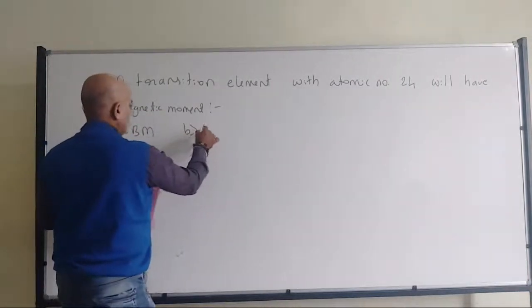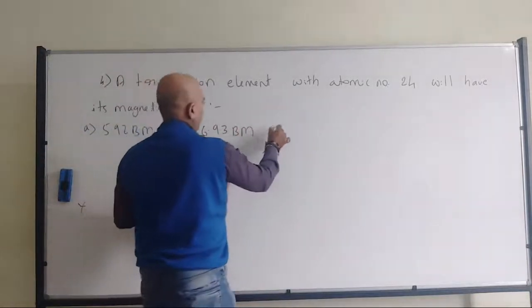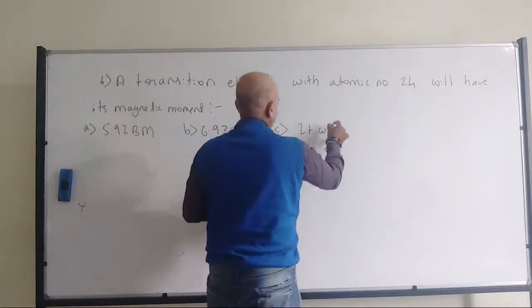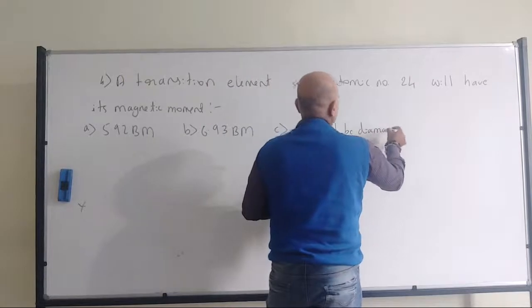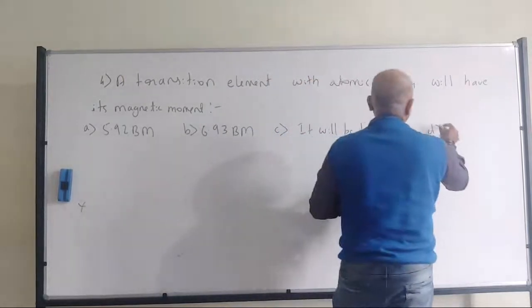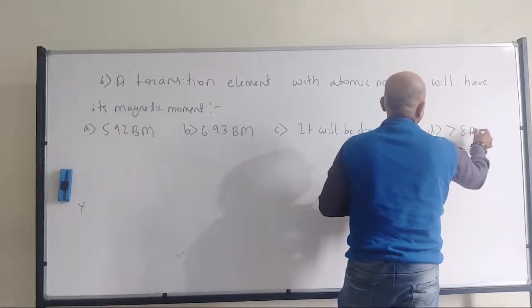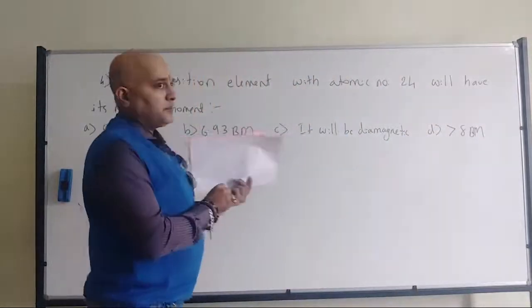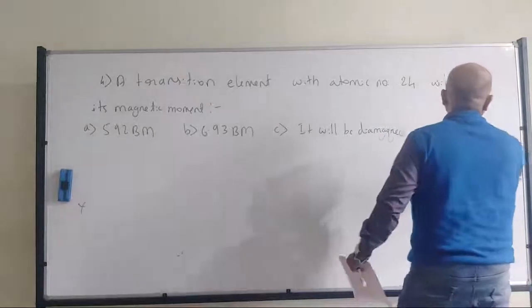Option B, 6.93 Bohr magneton. Option C, it will be diamagnetic. Option D, greater than 8 Bohr magneton. Which should be the answer?